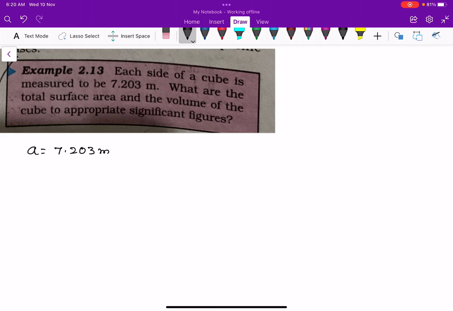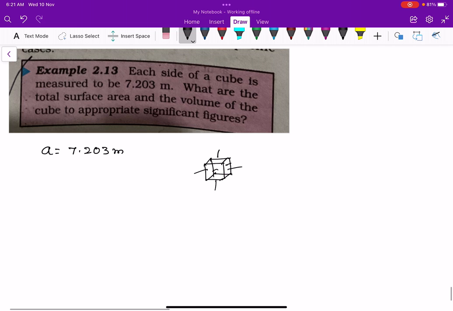What are the surface area and the volume of the cube? So how many faces does a cube have? 1, 2, 3, 4, 5, 6. 6 faces are there.